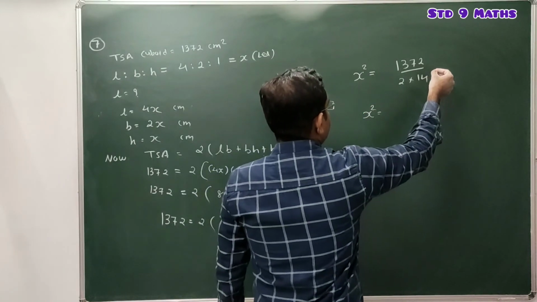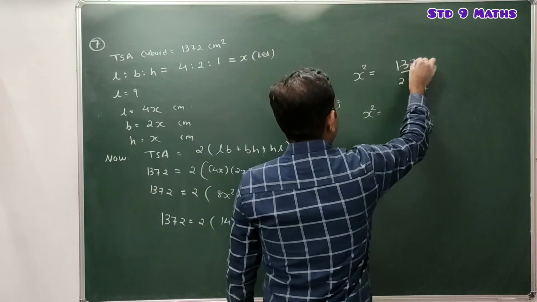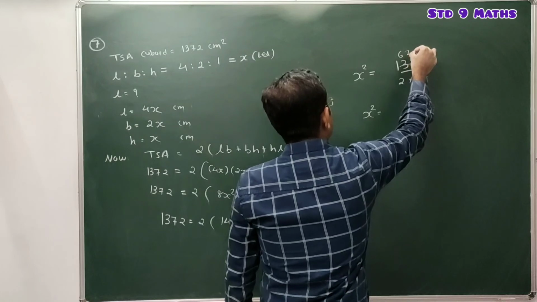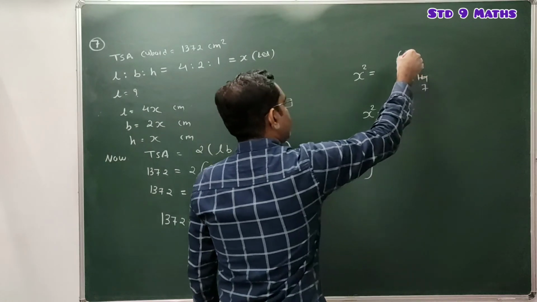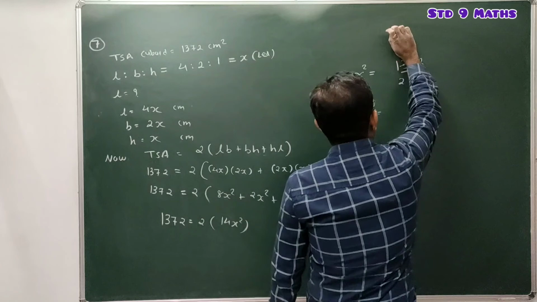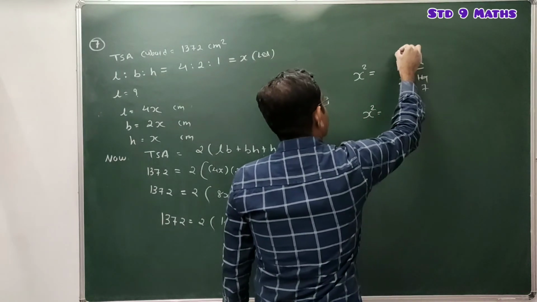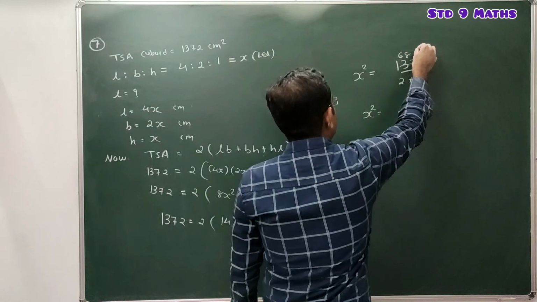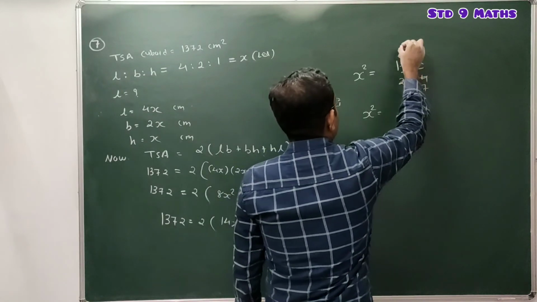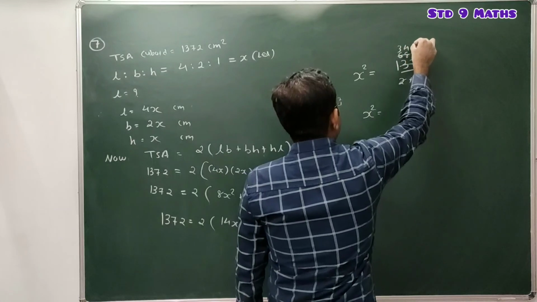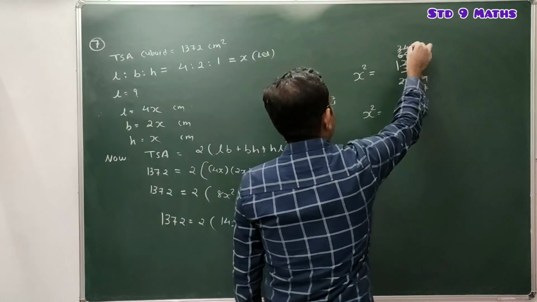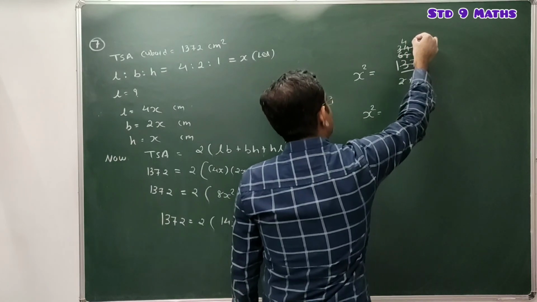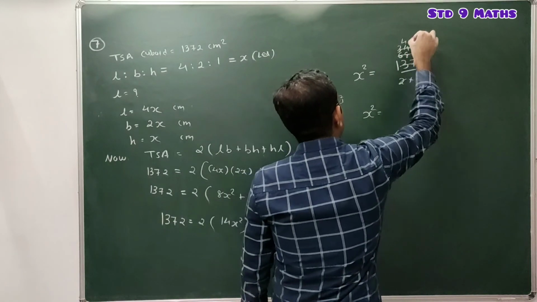Can we divide it by 2? 2 sevens are 14, 2 sixes are 12, 2 sevens are 14. It doesn't cut by 3, it will cut by 2. 2 sixes are 12, 2 eights are 16, 2 sixes are 12, again 2 threes are 6, 2 fours are 8, 2 threes are 6, and this will cut by 7. 7 fours are 28, 7 nines are 63.